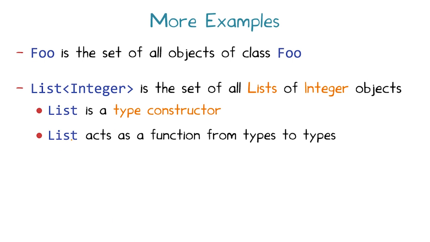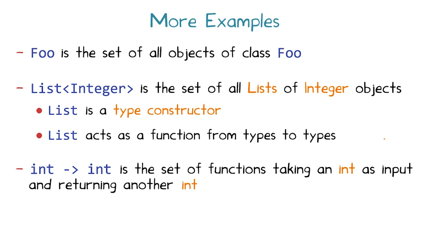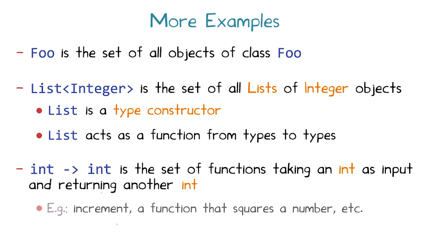It can be treated as a function which takes one type, in this case the integer type, and maps it to another type, in this case the type of lists of integers. We can also have function types. For example, int arrow int is the set of all functions that take an int as their argument and return an int as their result. Some examples of functions of this type would be the increment operation, a function that squares its input, and many others.